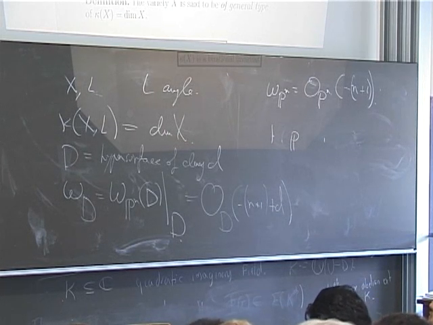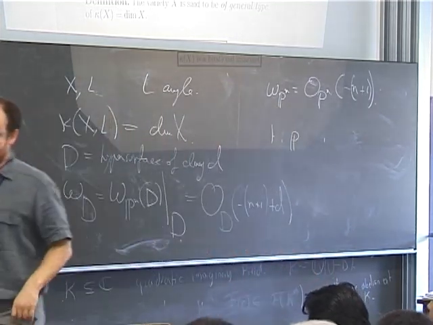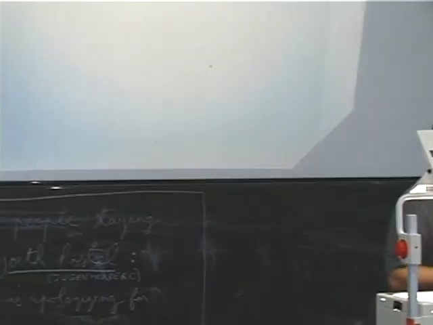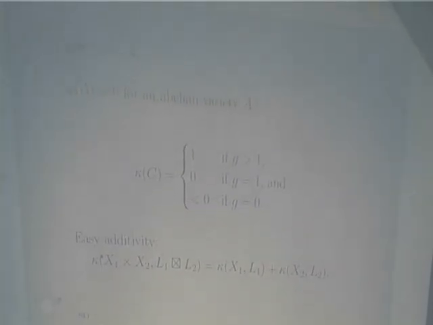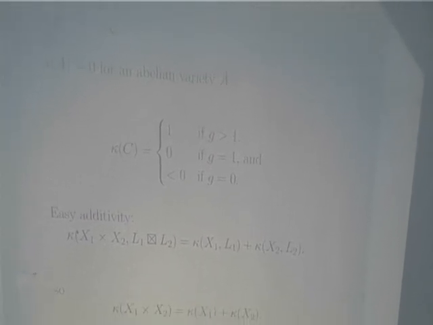If d is less than n plus 1, you have Kodaira dimension minus infinity. There are no sections at all. For curves, the Kodaira dimension is exactly determined by the genus. If g is bigger than 1, it's 1. If g equals 1, it's 0. And if g equals 0, then it's minus infinity.